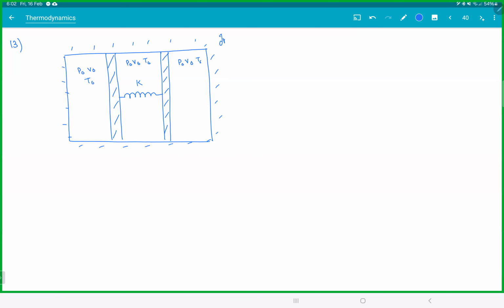The whole system is insulated. This is a conducting movable piston. This is an insulated movable piston. Heat cannot flow through this piston, but heat can easily pass through this piston.